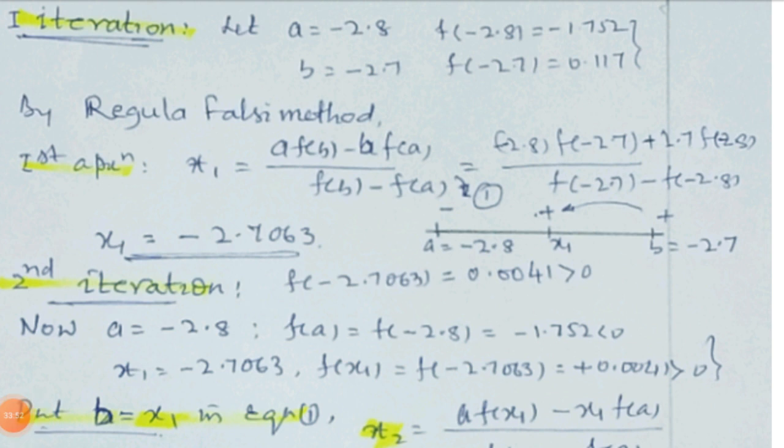Substitute, we get x1 is equal to minus 2.7063.